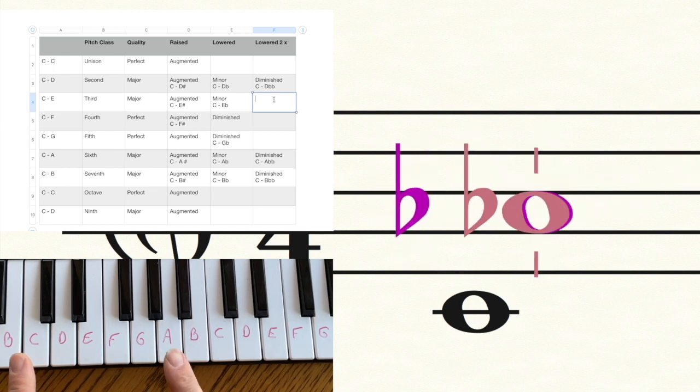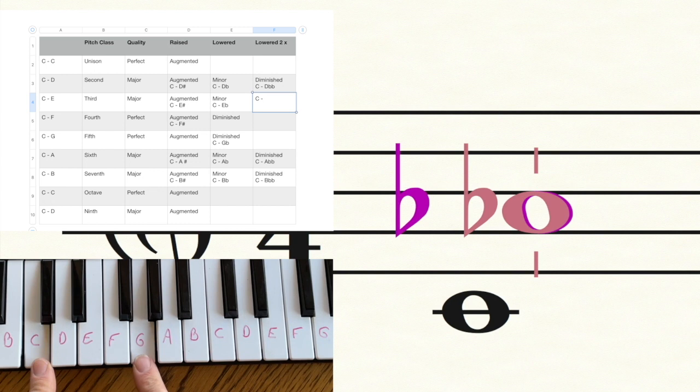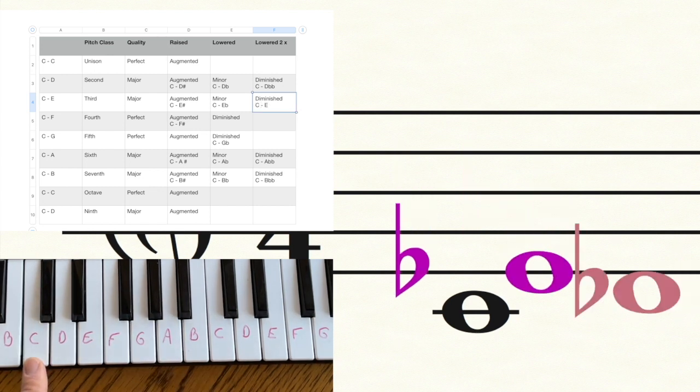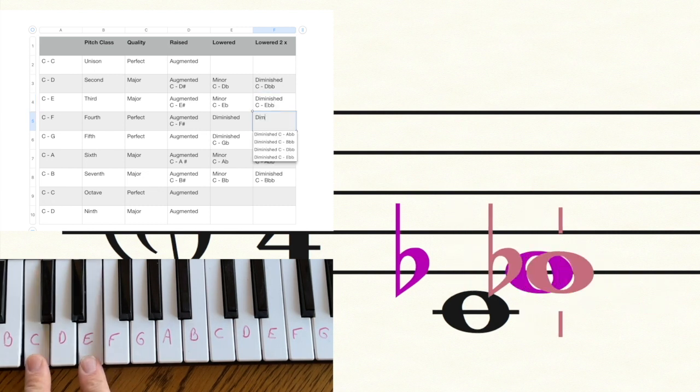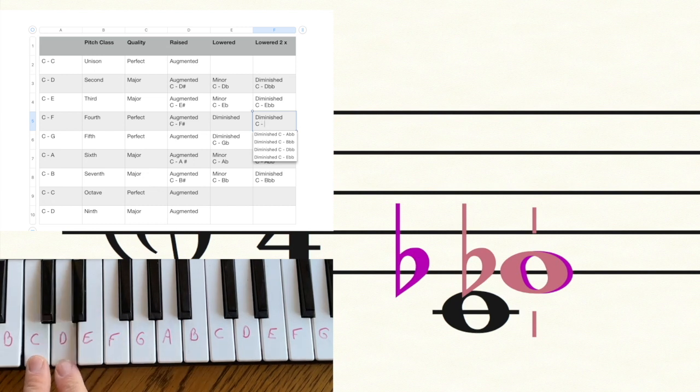So that would be true for your sixth as well. Major six, you lower it, it's a minor six. If you double lower it, then it becomes a diminished six. So that would also be true for your third. Major third lowered is minor third lowered is diminished third.